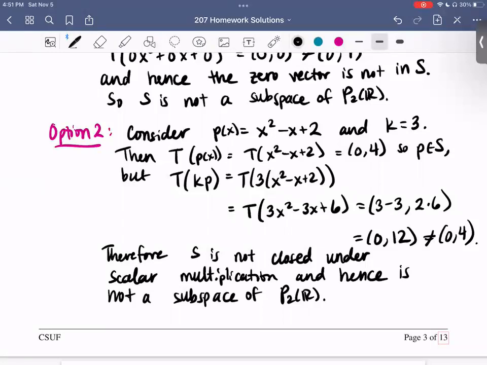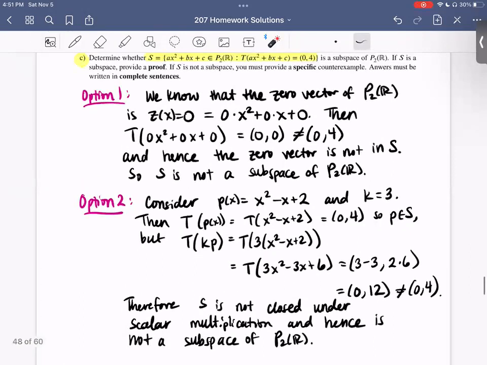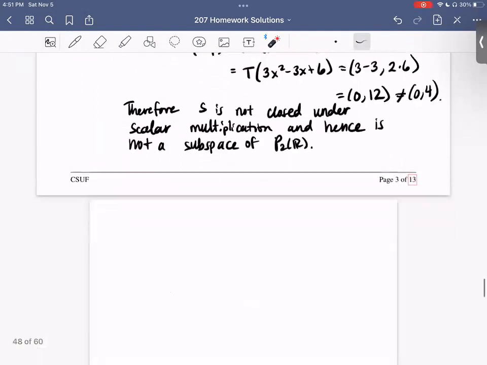There's a third option. The set is actually also not closed under addition. Now, there are some sets that fail just one of these things, and those are still not subspaces. So if it fails any one of these, having the 0 vector, being closed under scalar multiplication or addition, then it's not a subspace. It might satisfy one of these things, but not the other. So it has to have all 3 to be a subspace.